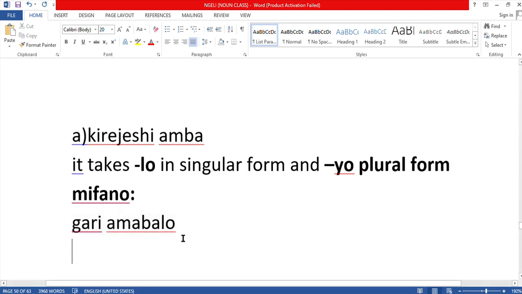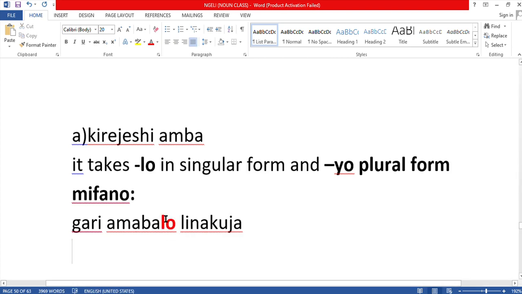Gari ambalo linakuja. This means the car which is coming. You see how lo is attached at the end of amba.